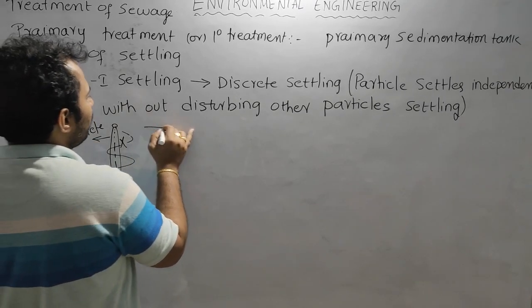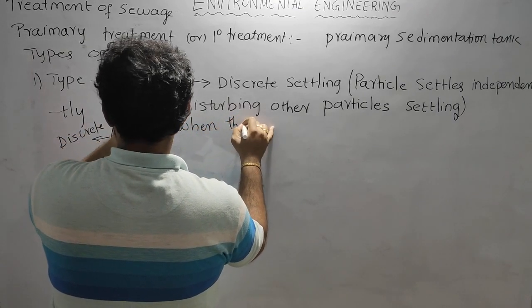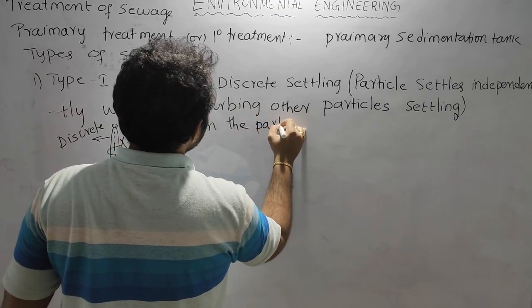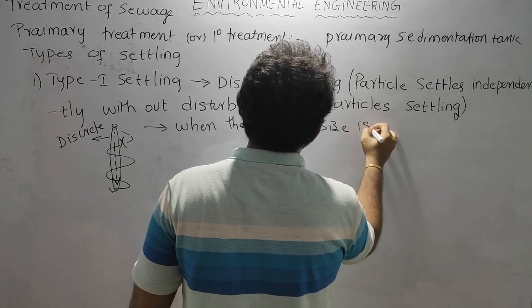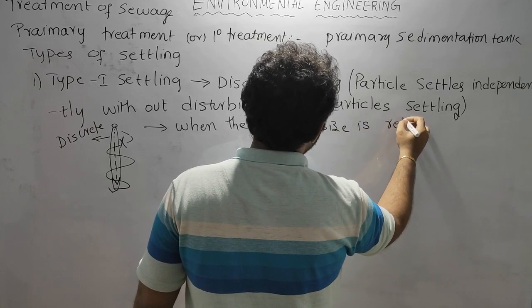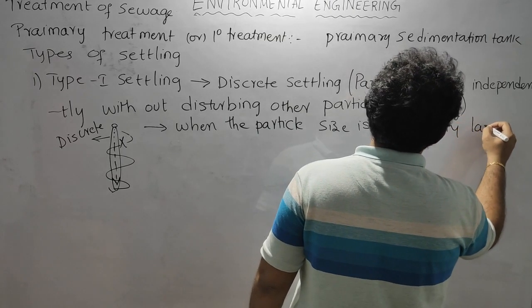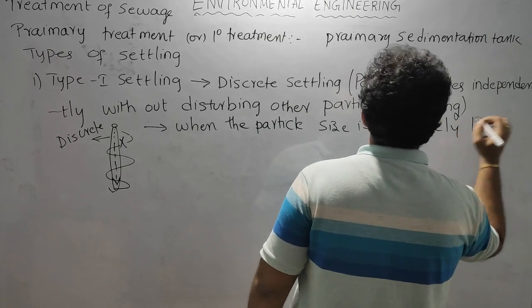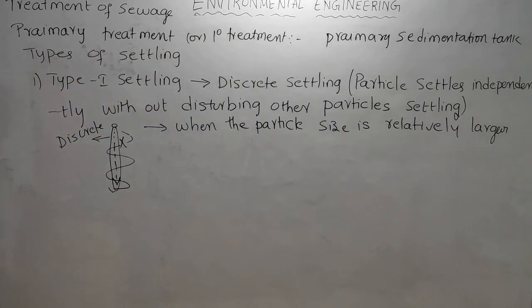When the particle size is relatively larger, we observe discrete settling.